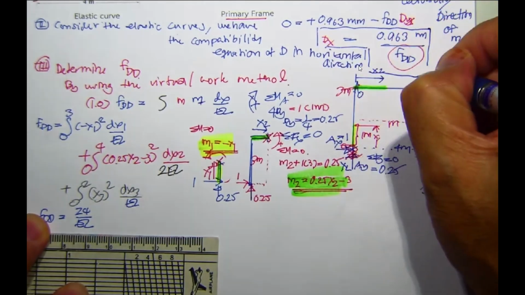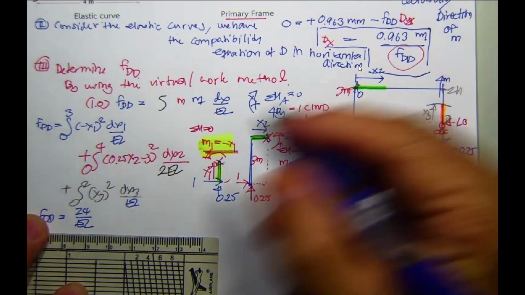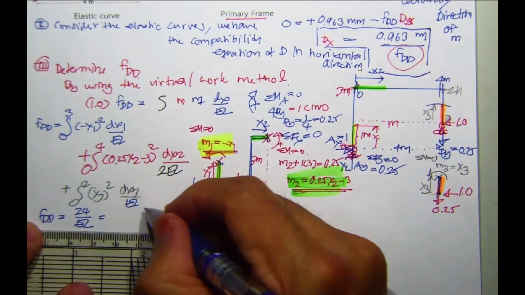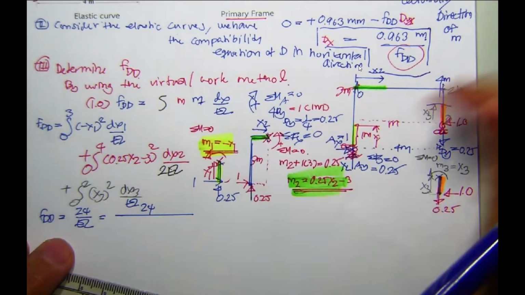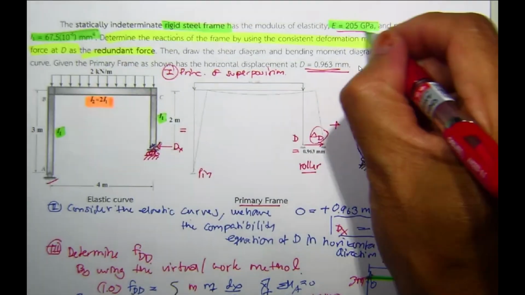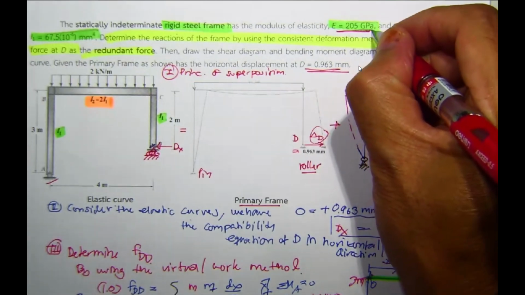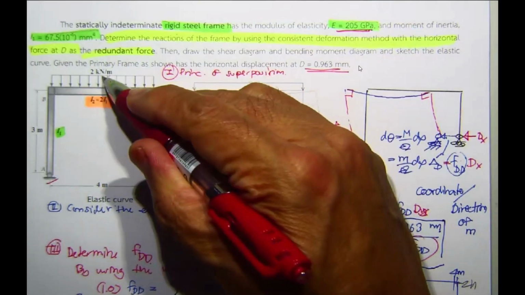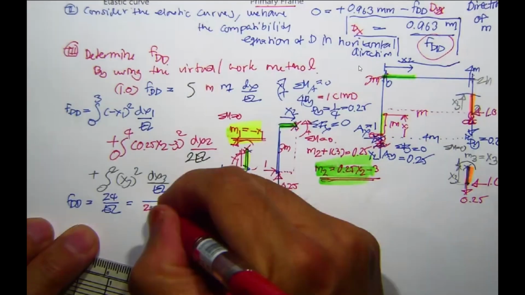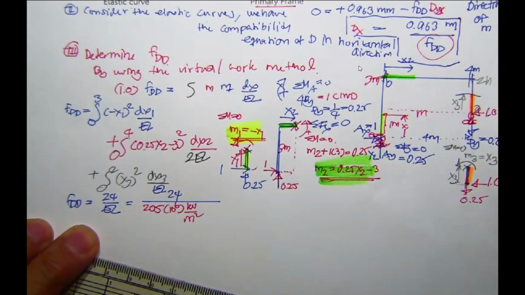The problem comes in the compatibility condition. The top is in millimeter, so you have to put the EI. That's going to be 24 divided by. Coming over here, you have E, and the unit must change to kilonewton, so this is 2 over 10 to the power 6 kilonewton per square meter.